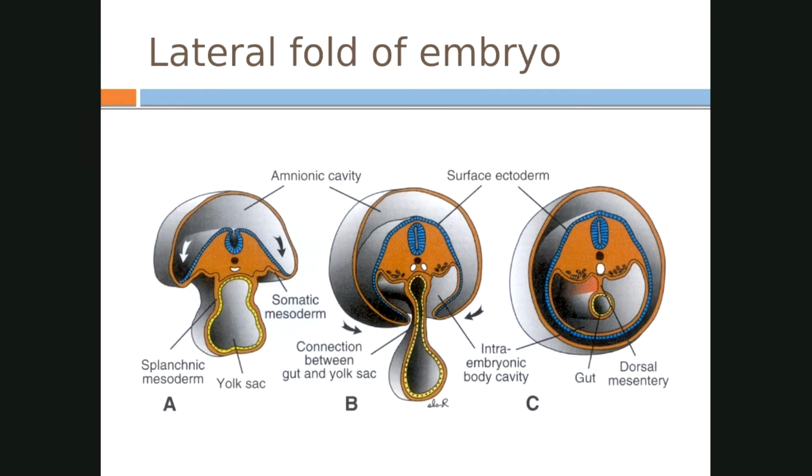Ultimately the head fold, tail fold, and lateral folds fuse at the level of the umbilicus, and from there an umbilical cord hangs the whole fetus from the placenta. So the plate-like embryo becomes a cylinder-like embryo. The shape is changing from a disc to a cylinder, and then it gives rise to the human shape.